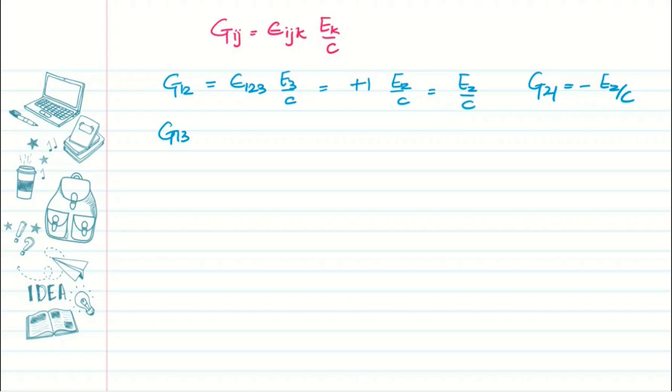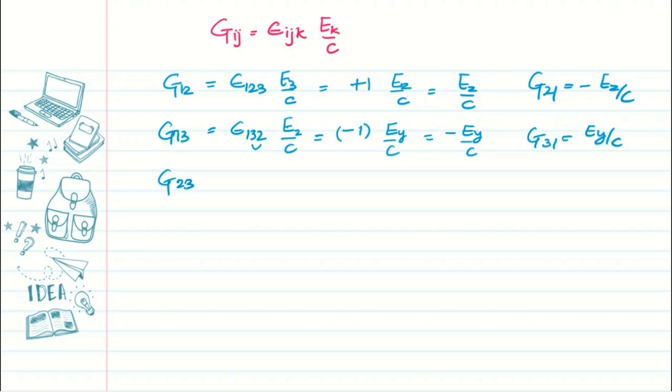Similarly, we can find G13: epsilon 132 times E2 by c. We will need one swap, so this will be an odd number of swaps, so this will be minus 1. E2 is Ey by c, so this is minus Ey by c. So G31 will be Ey by c.